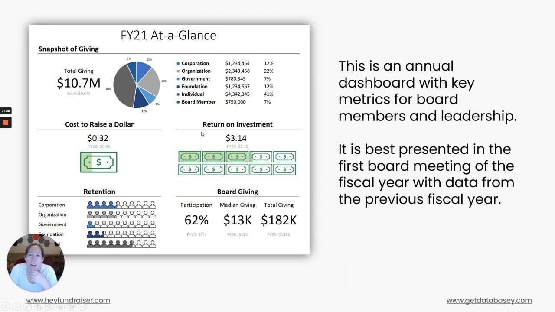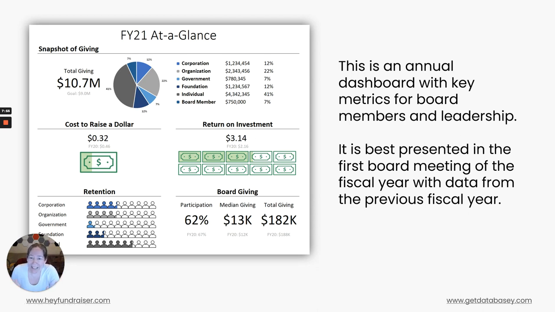But what I want to point out here, and what I think is actually a stronger metric, is the ROI, so your return on investment. It's actually the inverse calculation of cost to raise $1. So you could say to the board, yeah, it cost us 32 cents to bring in $1. Meh. However, I like the ROI because it's a very different statement.